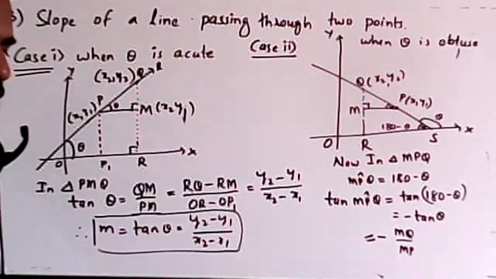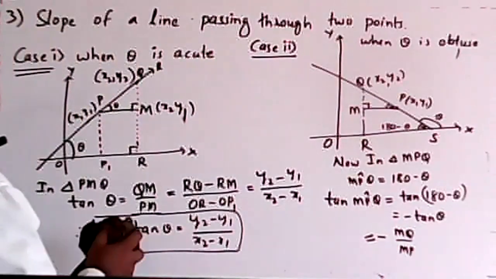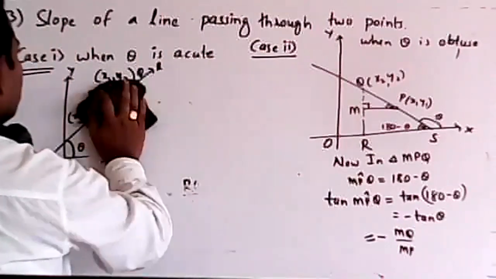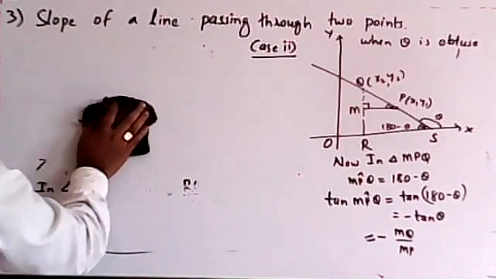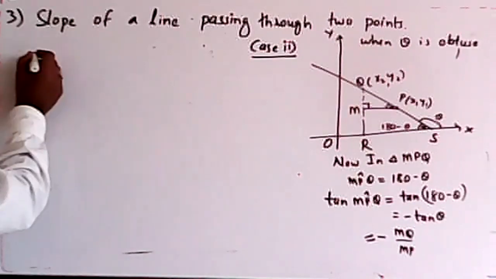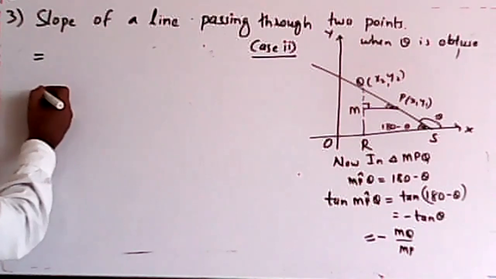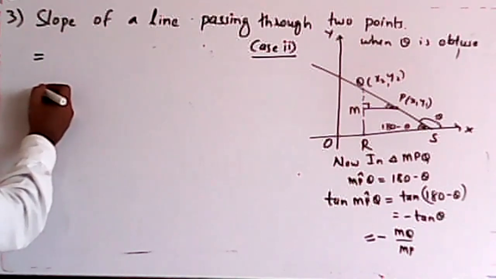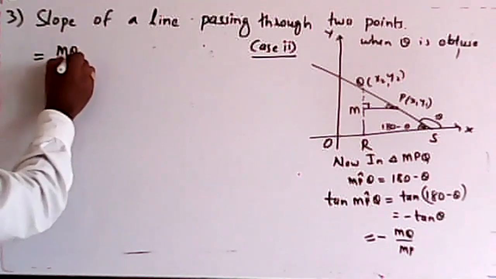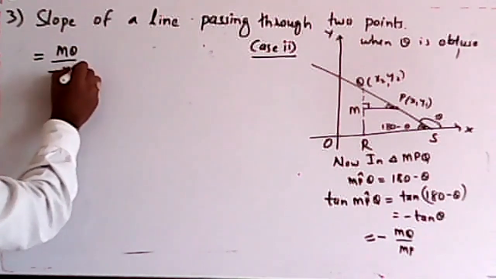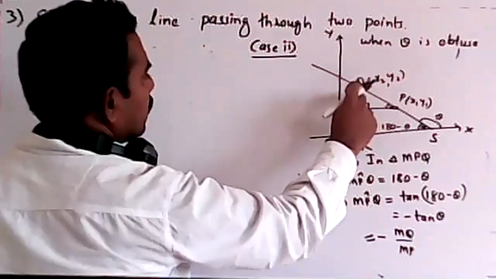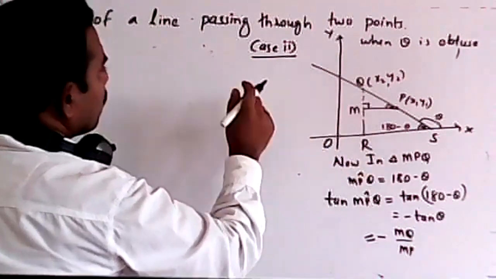I can rewrite that in a different way also. Let's see how I can write it. That is nothing but MQ divided by minus MP. MQ is nothing but RQ minus RM.